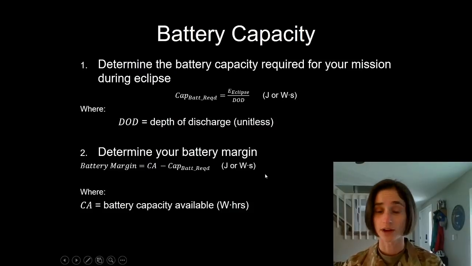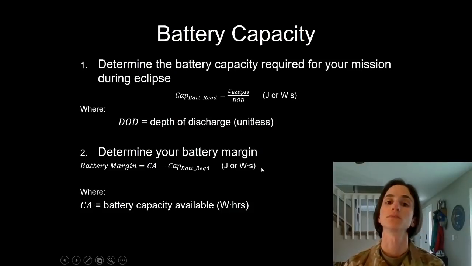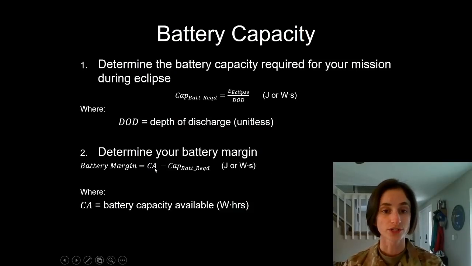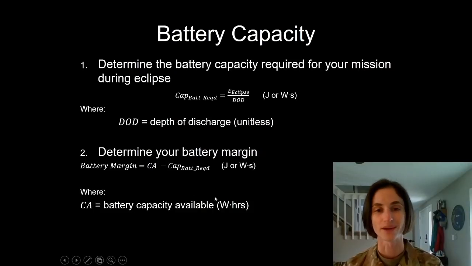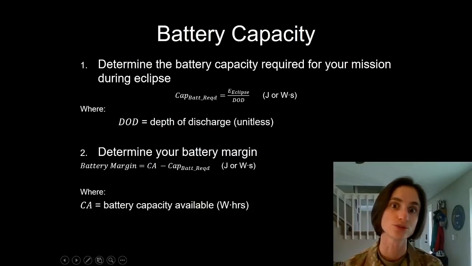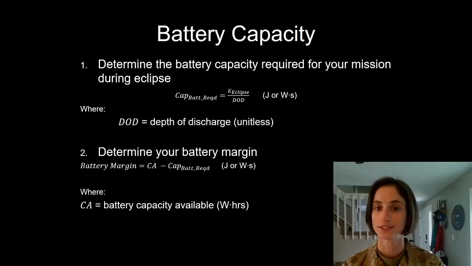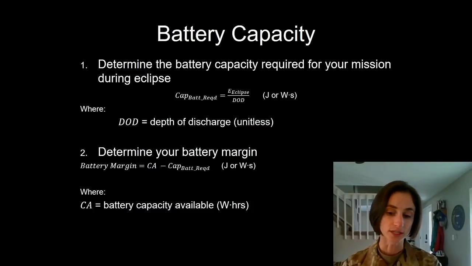And then you can figure out how much battery margin you have, similar to figuring out how much solar panel margin you've got. Your battery margin is just how much capacity is available. Say I chose these cool lithium-ion batteries that are state-of-the-art and come from Japan. That particular battery I just bought comes with, let's just say, 450 watt-seconds of capacity.